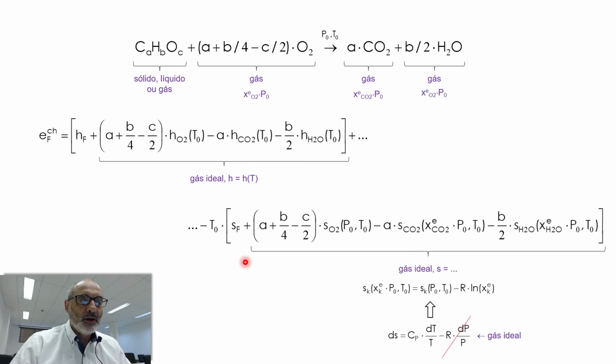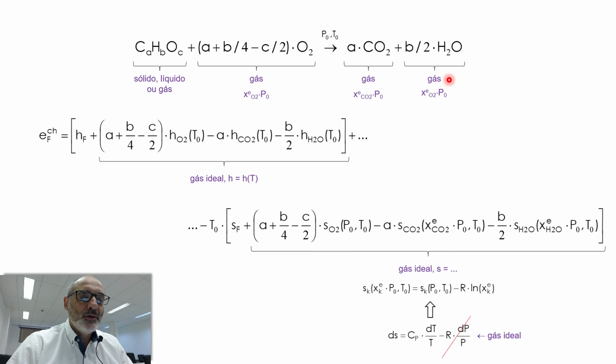So doing all the calculations, we're going to do these calculations. So this is the chemical reaction: 1 mole of fuel plus this amount of moles of O2, giving A moles of CO2 plus B divided by 2 moles of H2O. In this case, the phase matters.